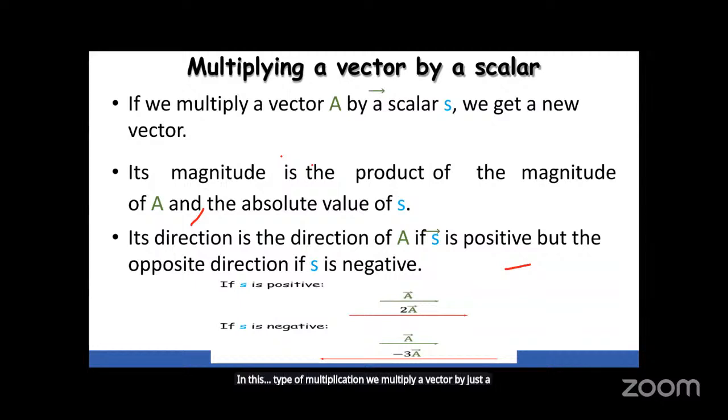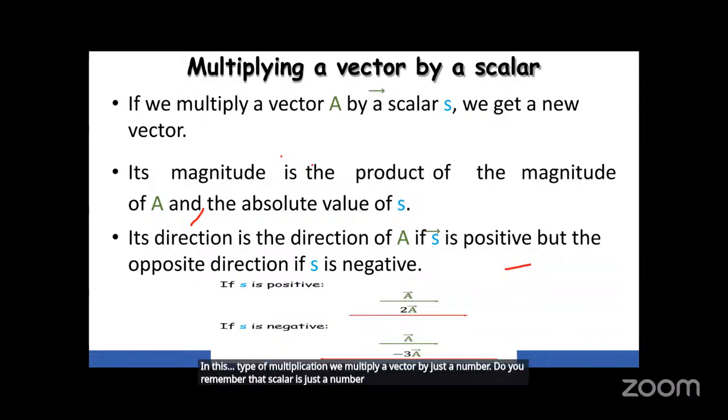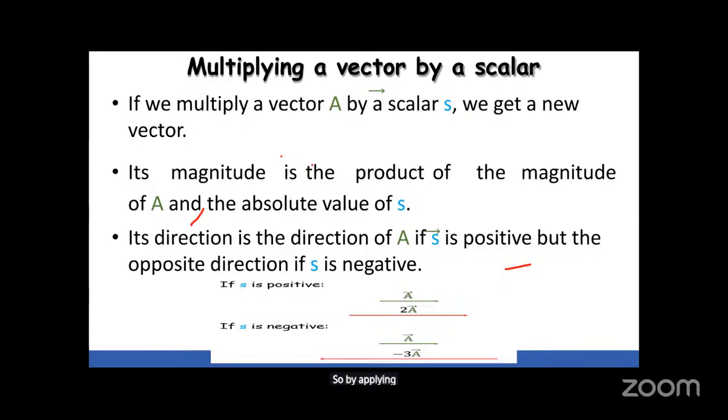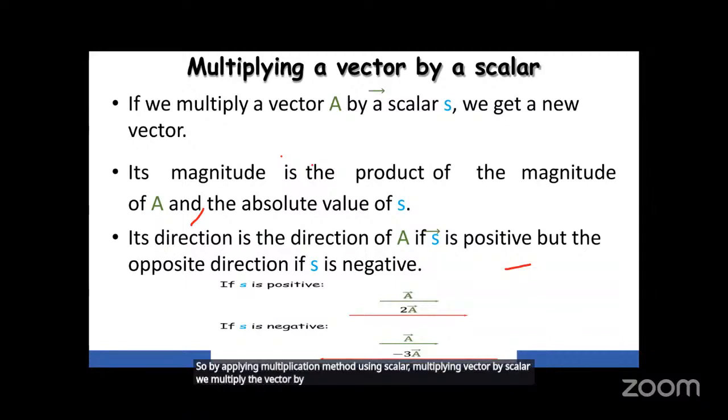Remember that scalar is just a number. When you hear the word scalar, it's just a specific number. So by applying the multiplication method using a scalar, we multiply the vector by a number that is given.